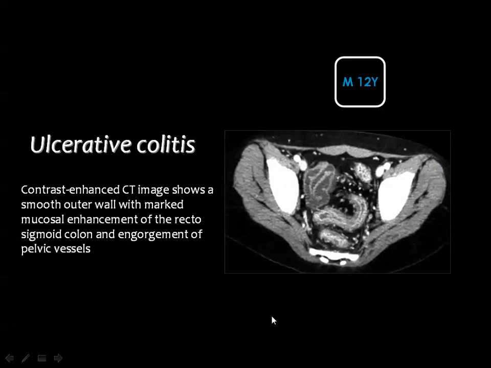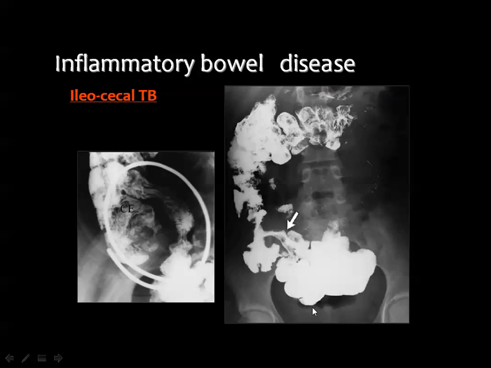By CT you will see thickening of the wall and narrowing of the lumen, and this is once more not specific for a particular disease, and you need the help of mucosal biopsy to confirm the diagnosis.